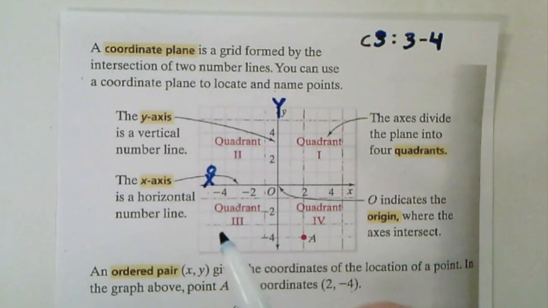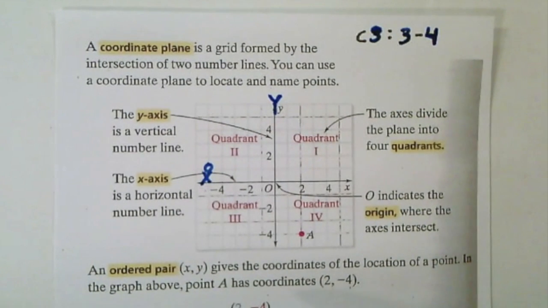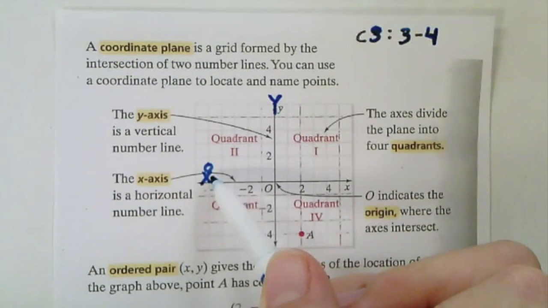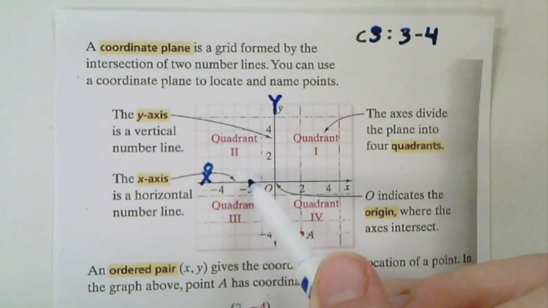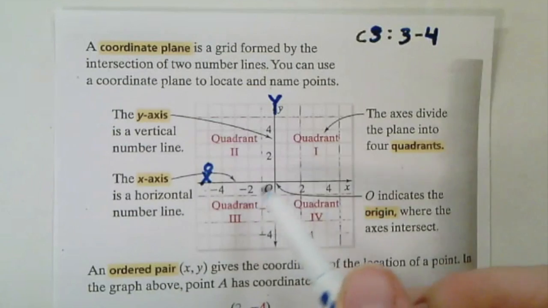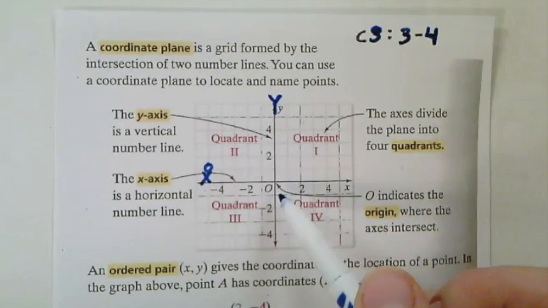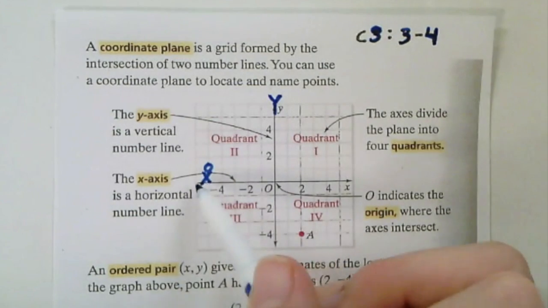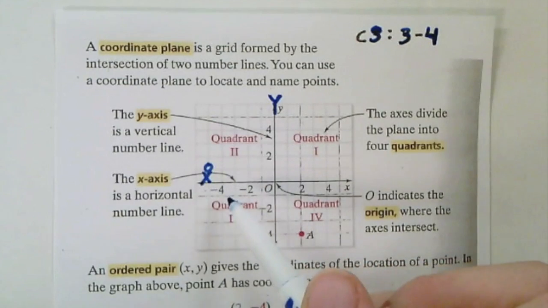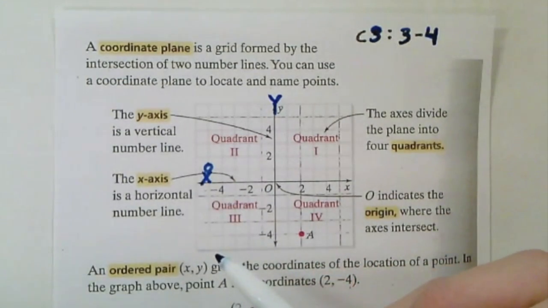A part of why I did that is because the x comes first when we write an ordered pair. And so we're always going to run into a building before we take the elevator up or down. The y-axis is going to be like the elevator, and the x-axis is the street that he runs on. That's really, really important to know.